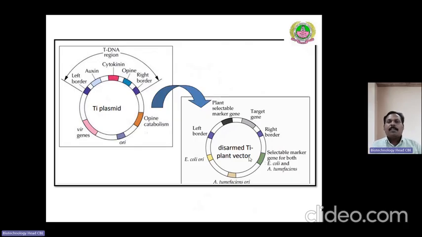A disarmed Ti plasmid vector is non-pathogenic but still possesses the virulence factors that help in transferring a gene from the T-DNA of the host plasmid to the plant systems.